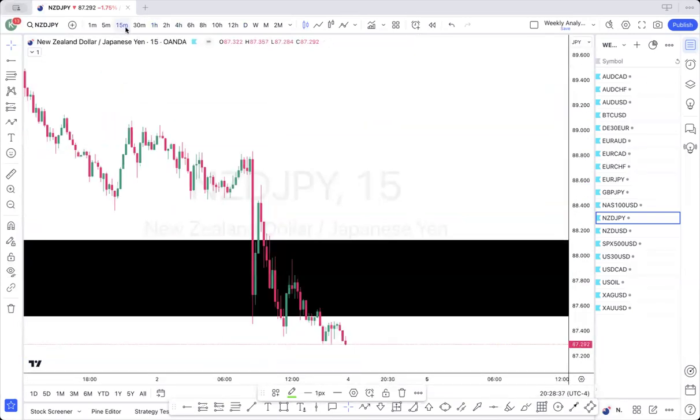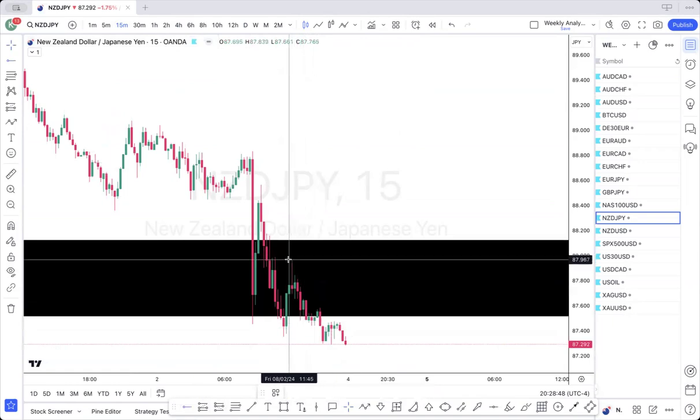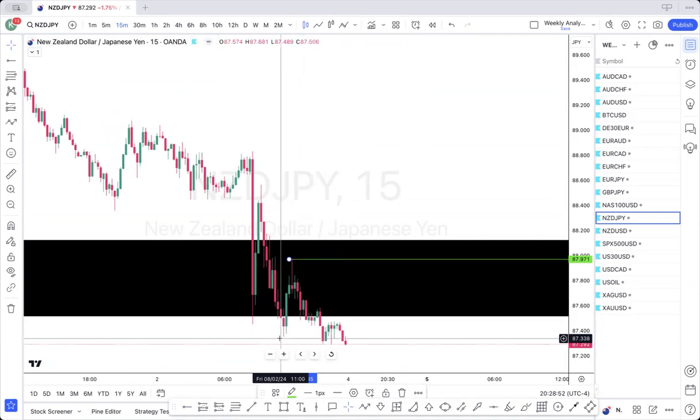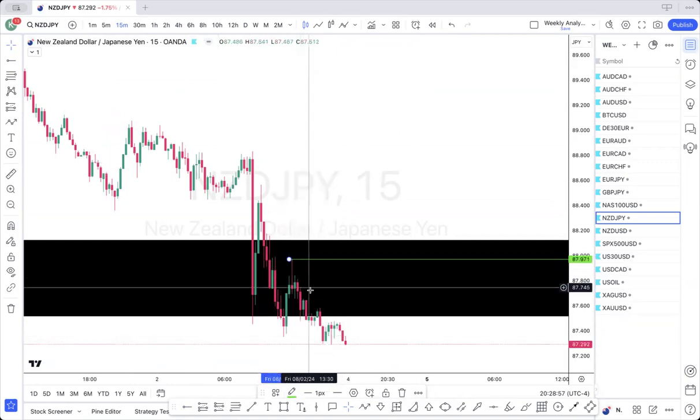Let's see what the 15 minutes looking like. So this is all the way there. And then once price broke, it's the same thing I saw on the 1 hour. Okay. Price broke here. So everything from here to here is the high.